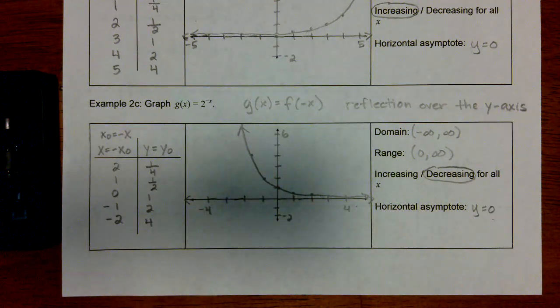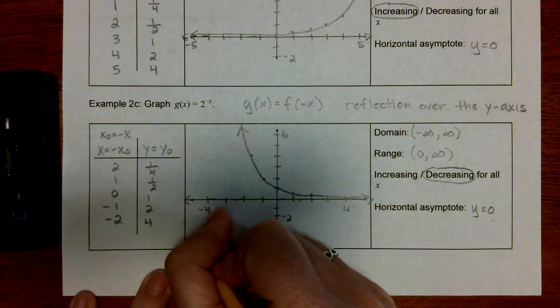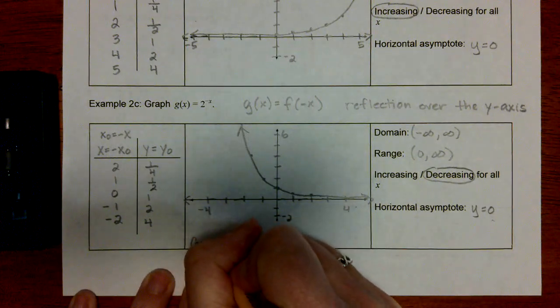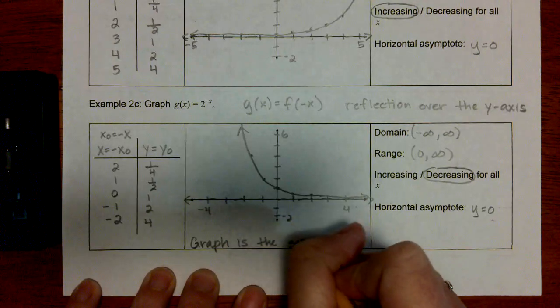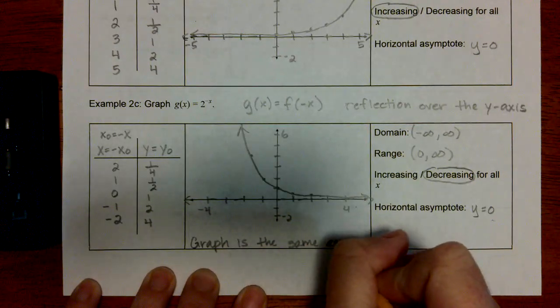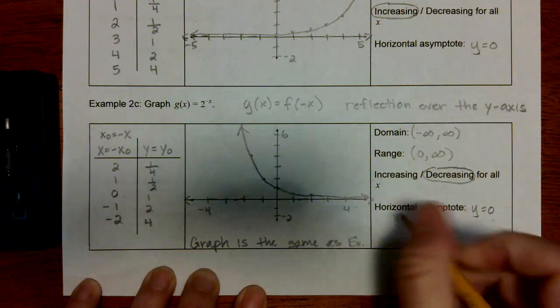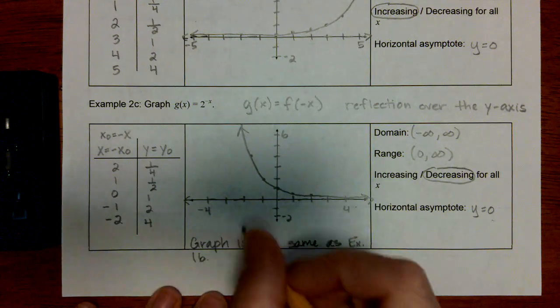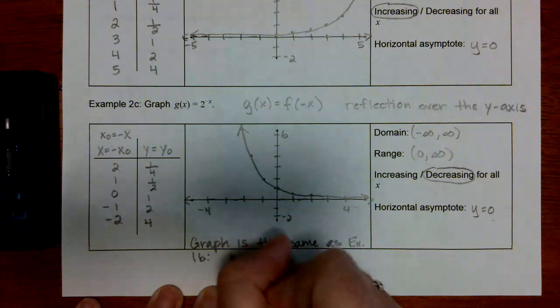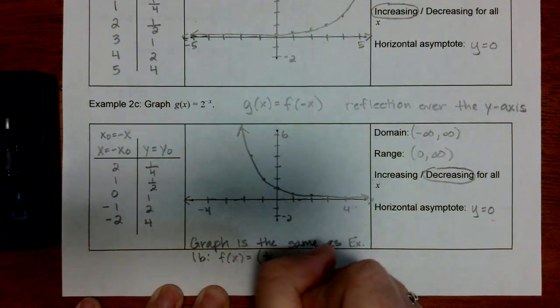I just want you to notice that you already graphed this in example 1b. So our graph is the same as example 1b. Let's think about this for a minute. 1b was f of x equals 1/2 to the x.